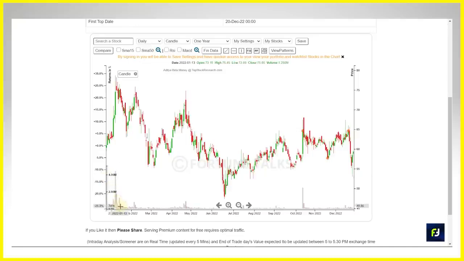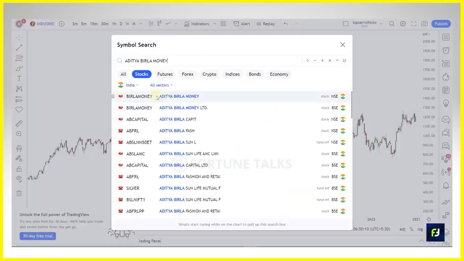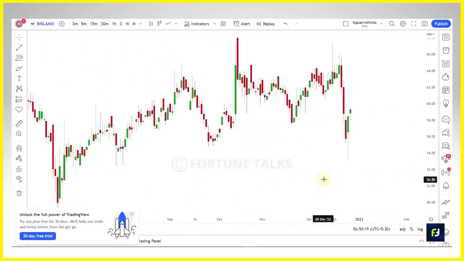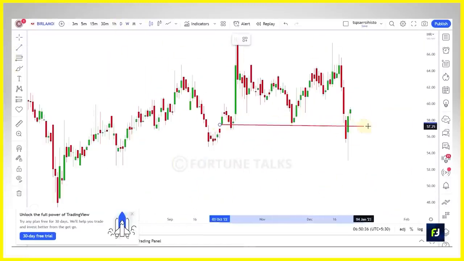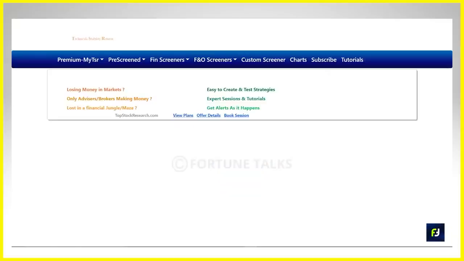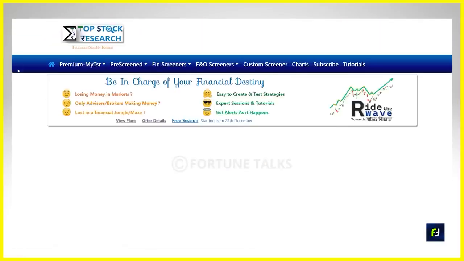You can also find some useful indicators like volumes, moving averages, RSI, Fibonacci, etc., which you can make use of. Or else you can always go back to your preferred charting tool like TradingView, which is much more powerful and easier to operate on. So this is how you can use this scanner for spotting potential chart patterns.